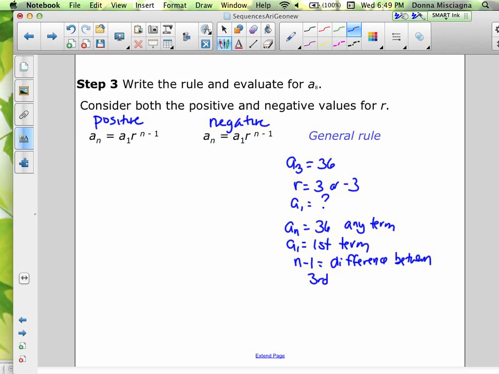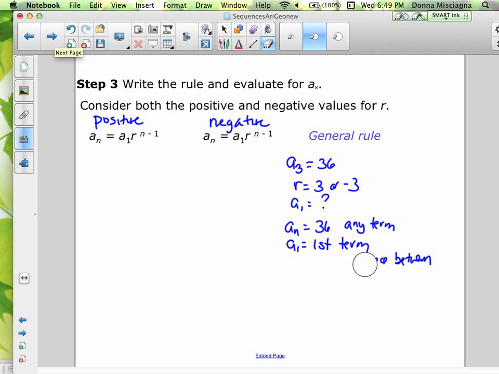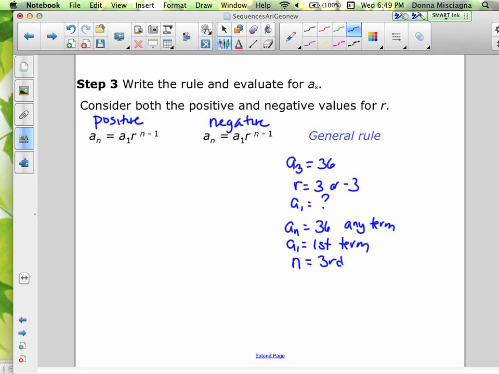Or actually, I could just put, because the 1 we're keeping, right? Because that's the position of A1. The n is going to be, because A3 equals 36, n is going to be 3, because we're working with the third term.